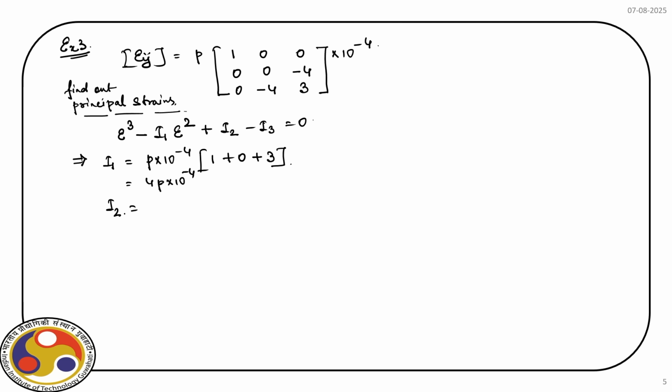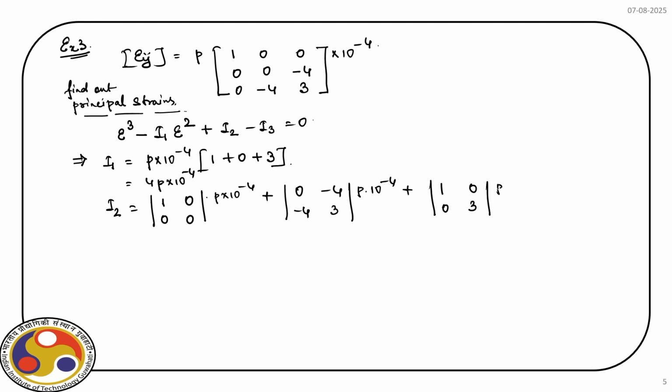I2, we have 1 0 0 times 0, P into 10 to the power minus 4, plus we have 0 minus 4 minus 4 3, P times 10 to the power minus 4, plus we have 1 0 0 3, P into 10 to the power minus 4.